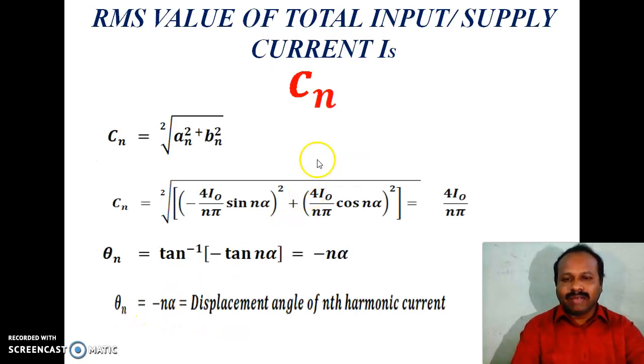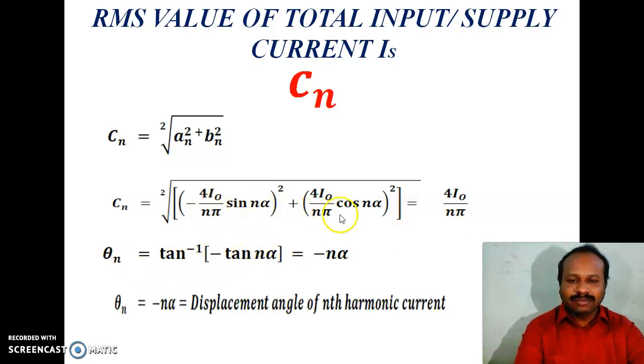Now we calculate the value of Cn. Already we have given Cn equal to square root of an square plus bn square. Now we substitute the values of an and bn in this equation. Cn equal to square root of an square plus bn square equal to 4 I0 by n pi, and theta n is given by tan inverse of an by bn.